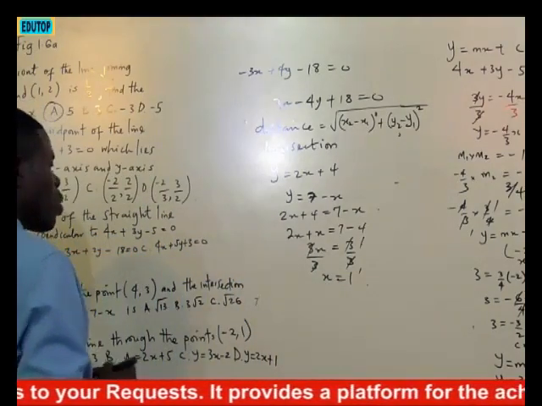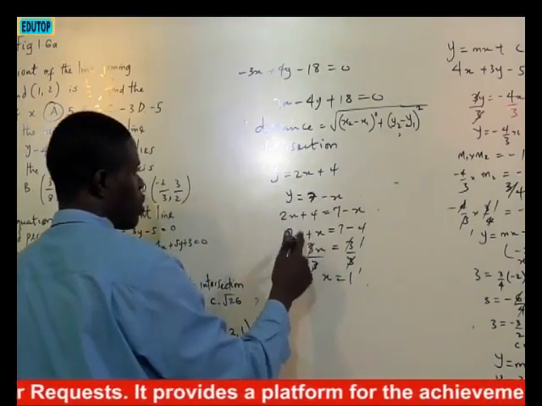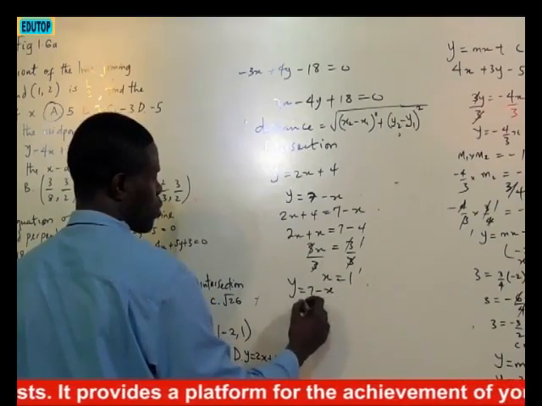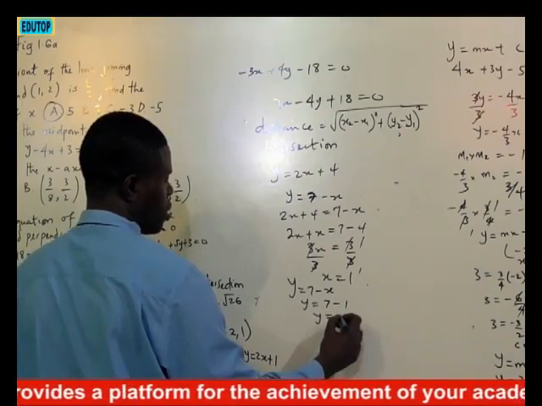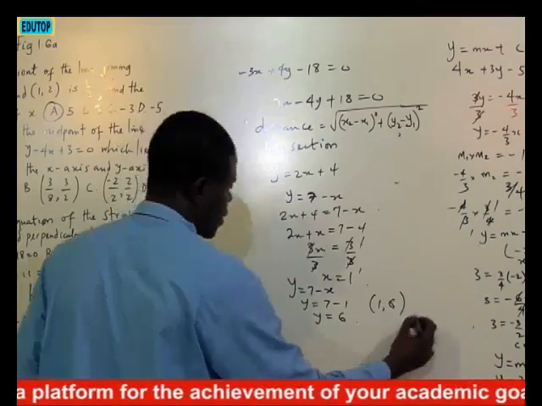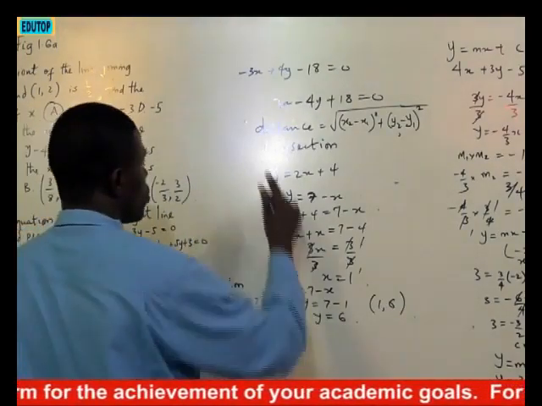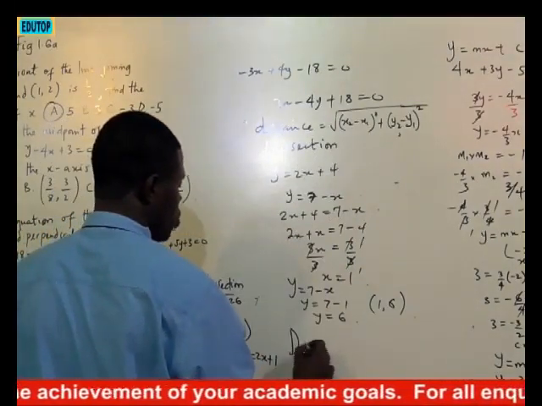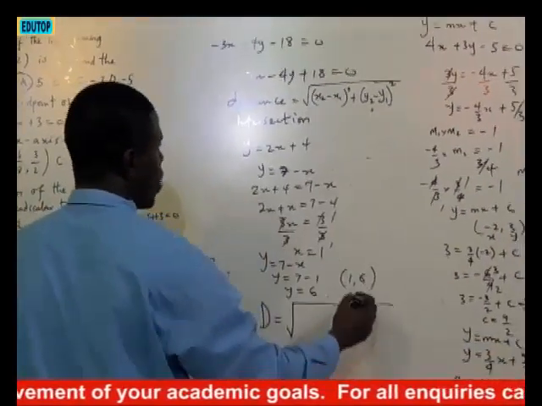So when x equals 1, let me now determine the value of my y using any one of the two equations. Let me use this: y equals 7 minus x. When x equals 1, y will definitely be 7 minus 1, and my y will be 6. So I have 1, 6 as the second point. Then to resolve into distance between 2 points, which I know, the distance will be: where is the first point?